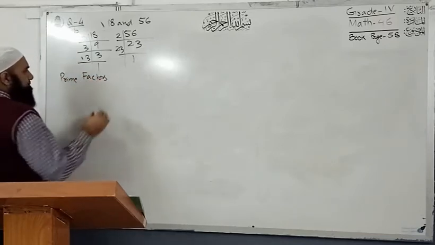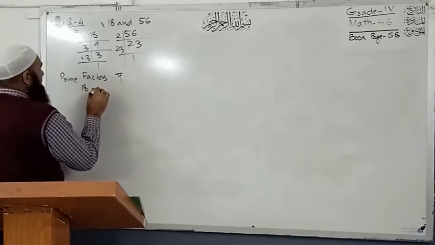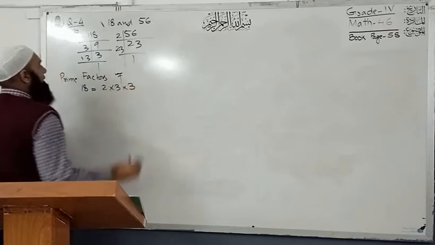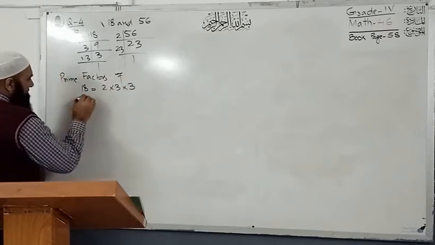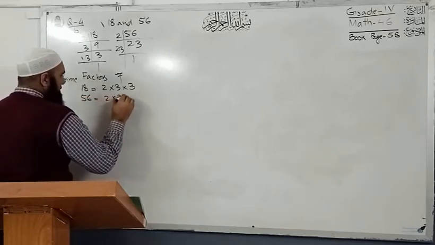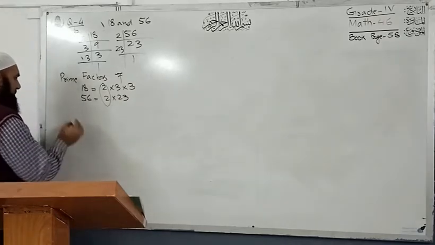Prime factors of 18 are 2 multiply 3 multiply 3, and prime factors of 56 are 2 multiply 2 multiply 2 multiply 7. So these are the only common ones.